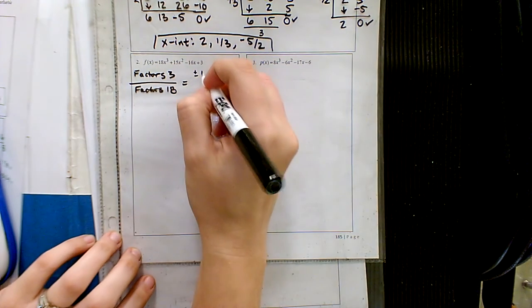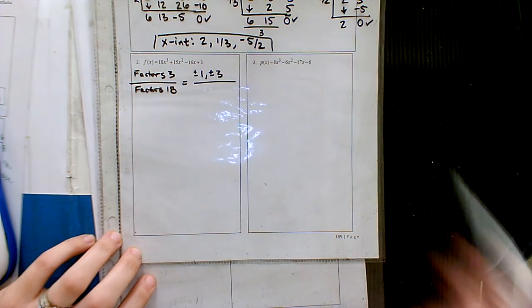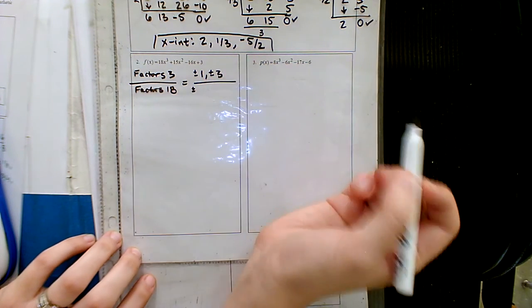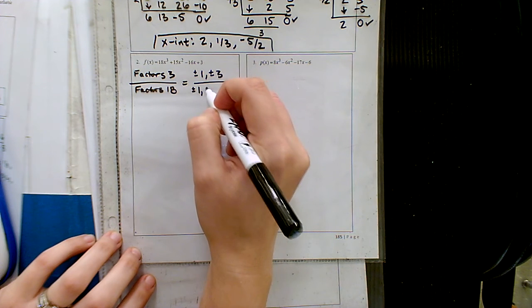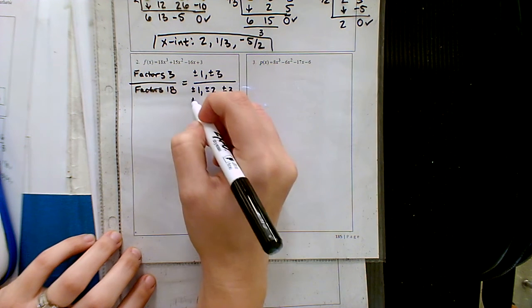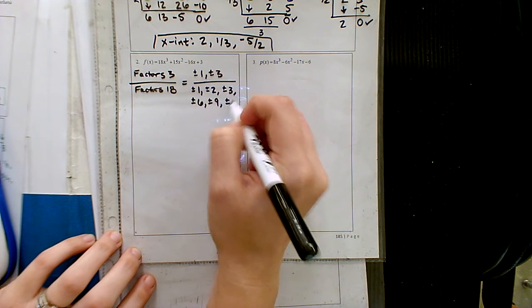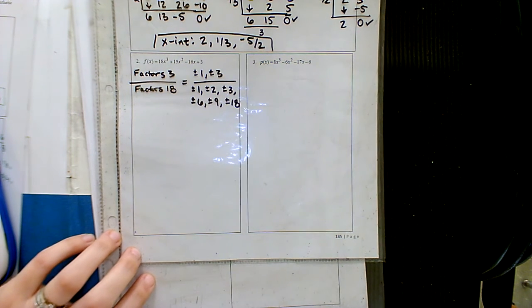Factors of 3, 1 and 3. Factors of 18, 1, 2, 3, 6, 9, 18.